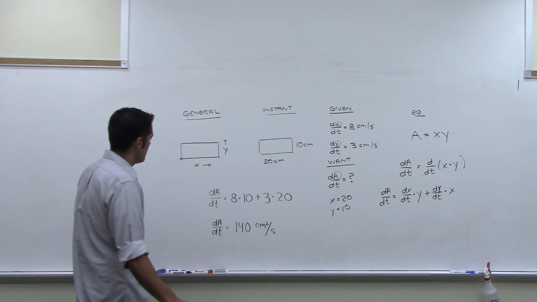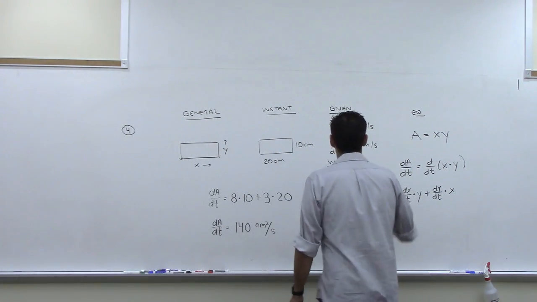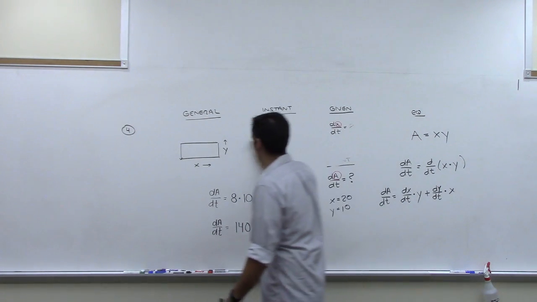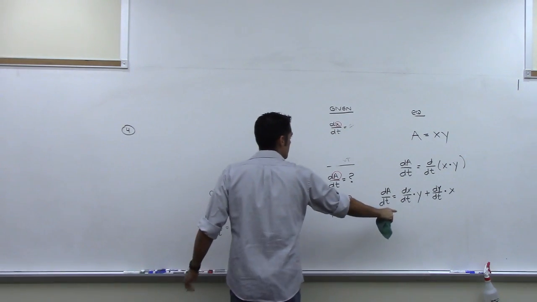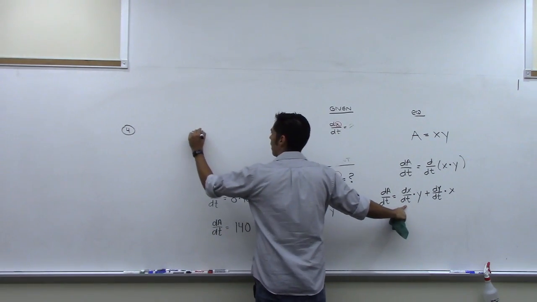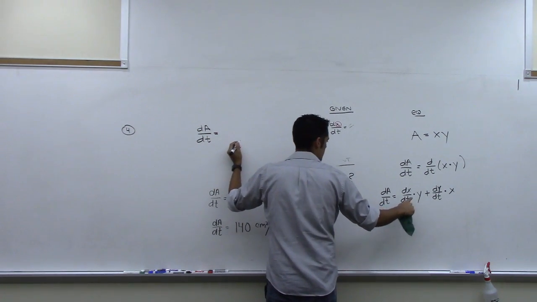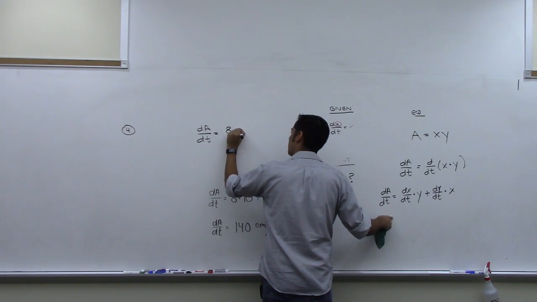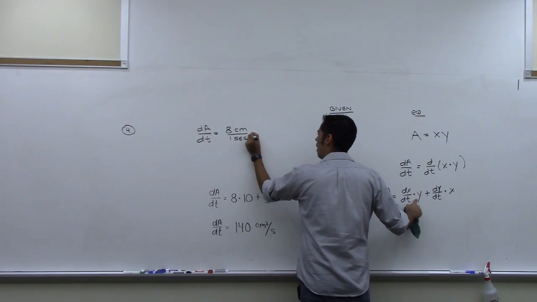And that's it. I wanted to show you real quick, had I instead tried, shoot, I just erased what I needed to show you. Let's say I write down this equation, okay? But I write it down with the units, just to show you how it would work. It would have been dx/dt, which was 8, I'm going to write it like this, centimeters per second, so that's like per 1 second, you could say, times y.